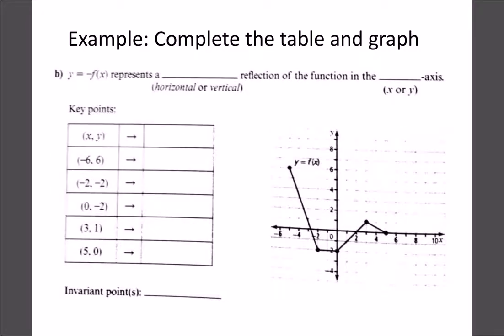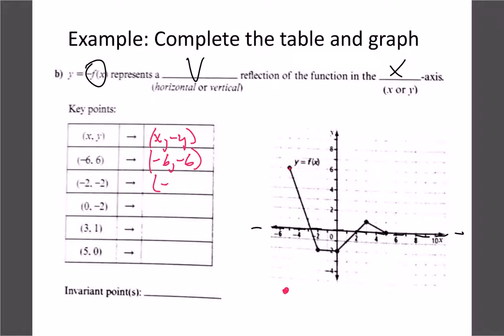So let's do the same thing again, but this time you can see we have a negative out front. So this one will be our vertical reflection, and this is going to go across the x-axis this time. If we reflect it vertically, you can see now our y-coordinates will be the opposite. So we have negative 6, negative 6 for the first one, and this one that's way up here is now going to go down here somewhere.